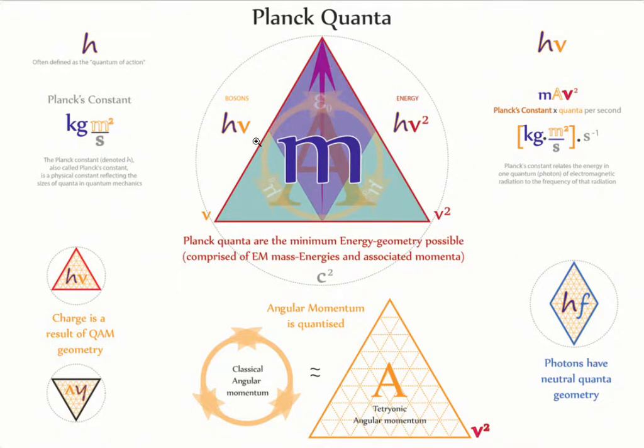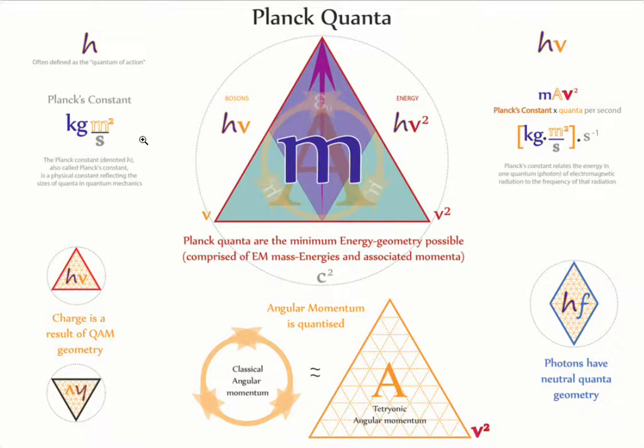Of course, they increase by bosons, or odd-numbered quanta, and they form square-numbered geometries. But in all cases, Planck's constant gives us a relationship between the scalar energy of the field, its equilateral quantized angular momentum, the equilateral geometry, and its mass.